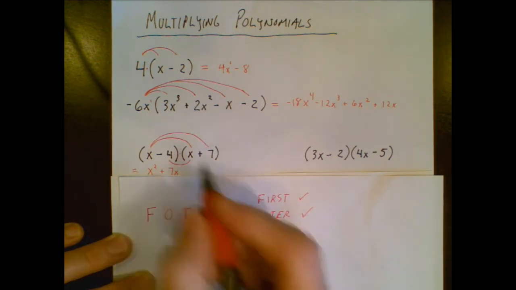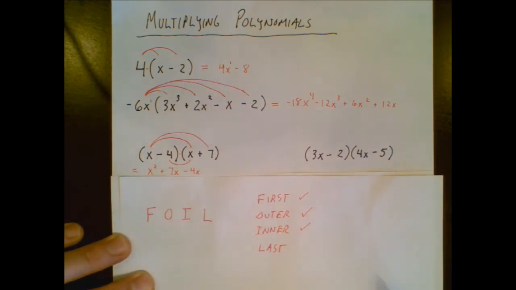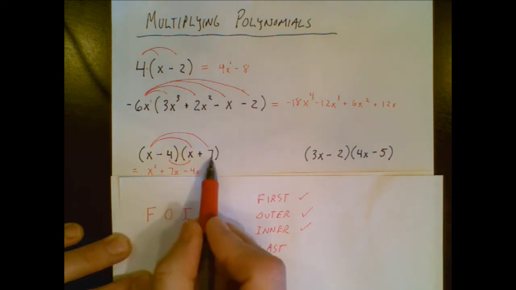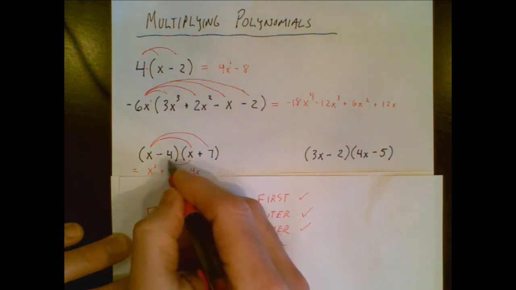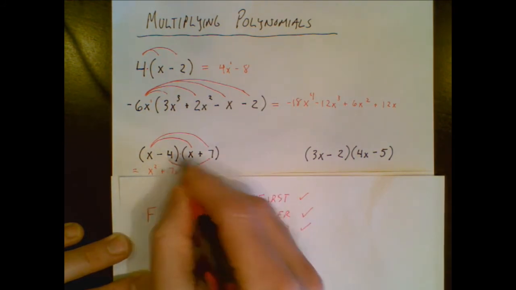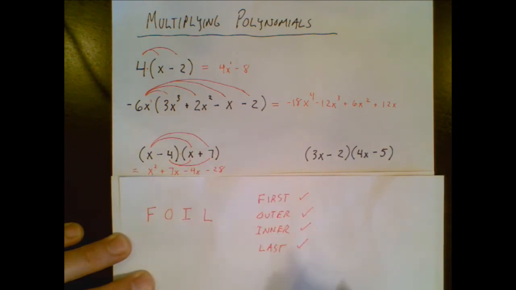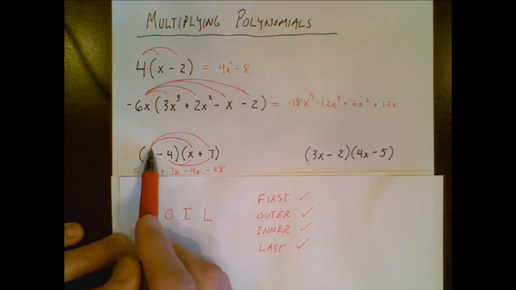A minus 4 times x is a minus 4x. I've done the inner term, and now I do the last terms. The 4 and the 7 are last terms, and I get a negative 4 times positive 7 is negative 28. So I've done the first, outer, inner, last, FOIL.